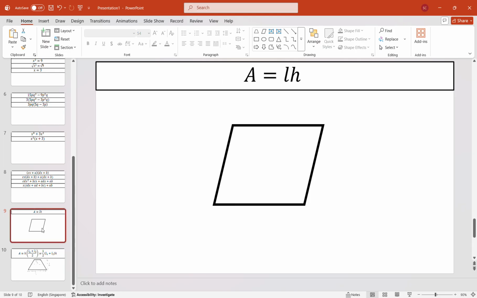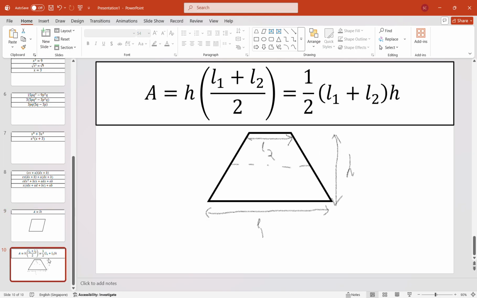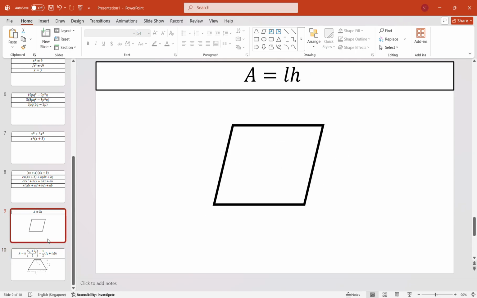And I think that's pretty much it for trapezium and parallelogram. A rhombus would pretty much be the same anyway, since we can just use the same method as we did for the area of a parallelogram.